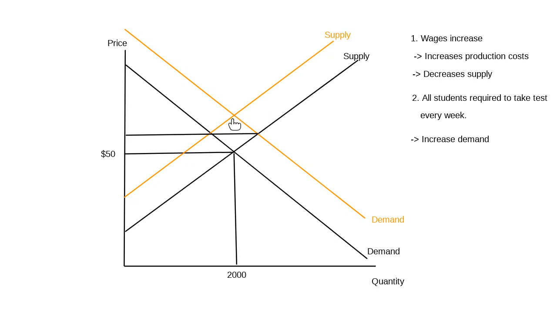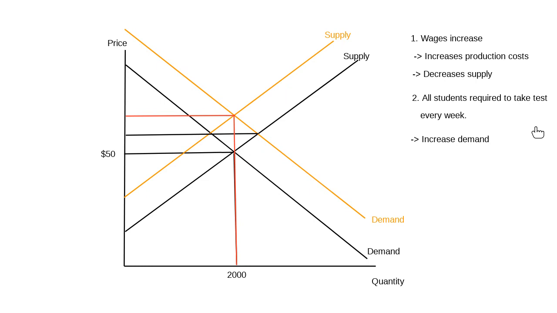So after those two economic actions, we end up at some new equilibrium price, but it looks like the same equilibrium quantity from before we did any of the economic actions, whether it was a wage increase or an increase in demand. Clearly, we see that prices went up, right? That clearly happened.